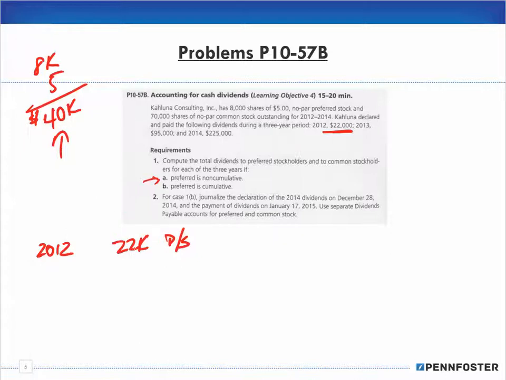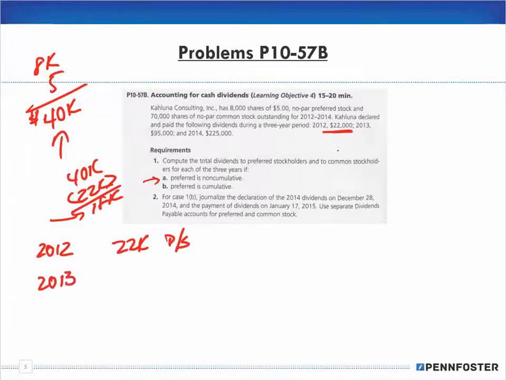But because there is no excess, nothing more goes to common. And since this is non-cumulative, the difference of 40,000 less 22,000, or 18,000, does not get carried over. It would only be carried over if it was cumulative. So the full 22,000 goes to preferred stock for 2012.